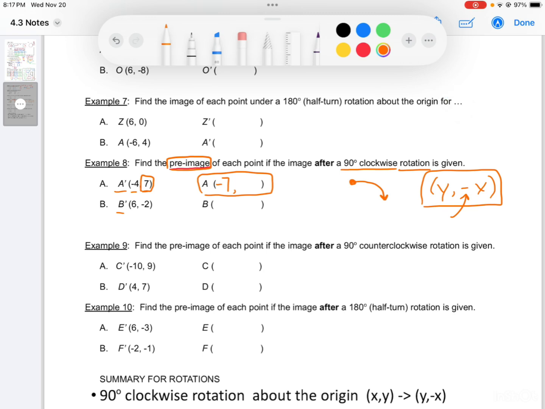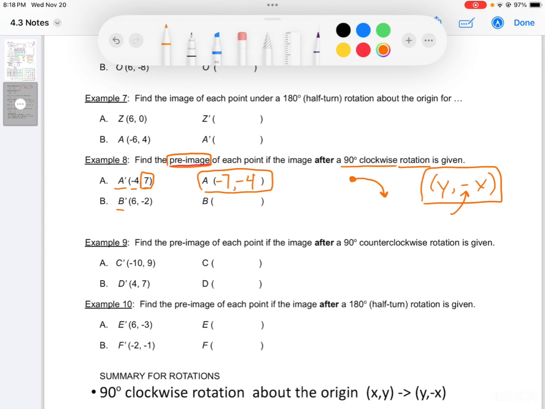And then nothing happens to the y, it just switches spots with the x, so when we switch it back, it's going to be -4. And so (-7, -4), when this rule is applied, gives us (4, 7).